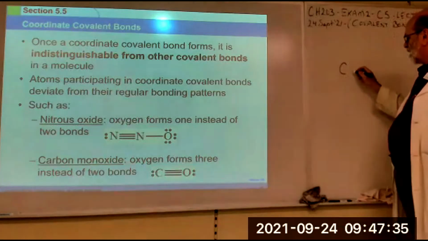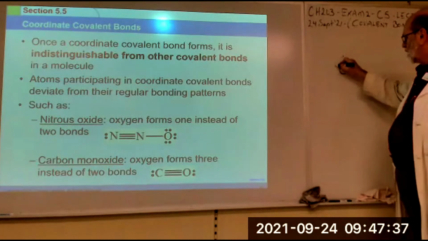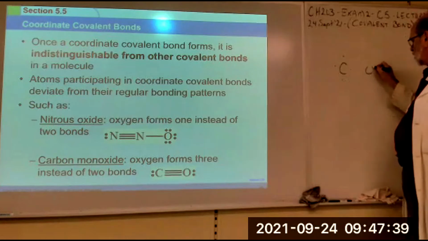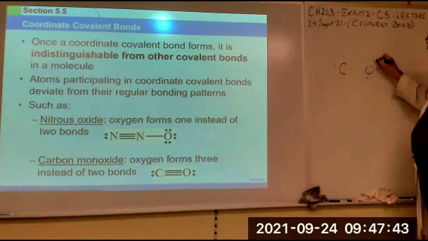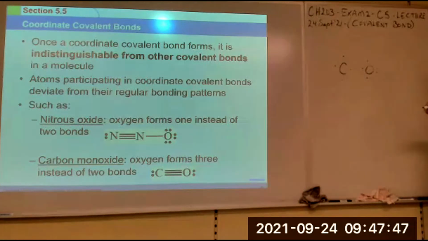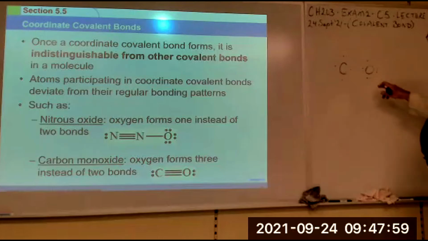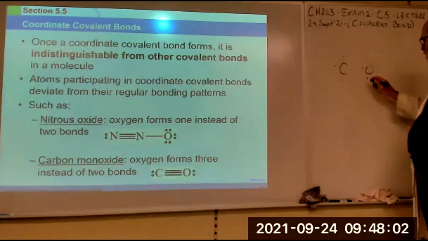If we say carbon has like that, and oxygen is like 1, 2, 3, 4, 5, 6. That's 2, 4, 6, 8. It forms 3 bonds. How's it going to do that?